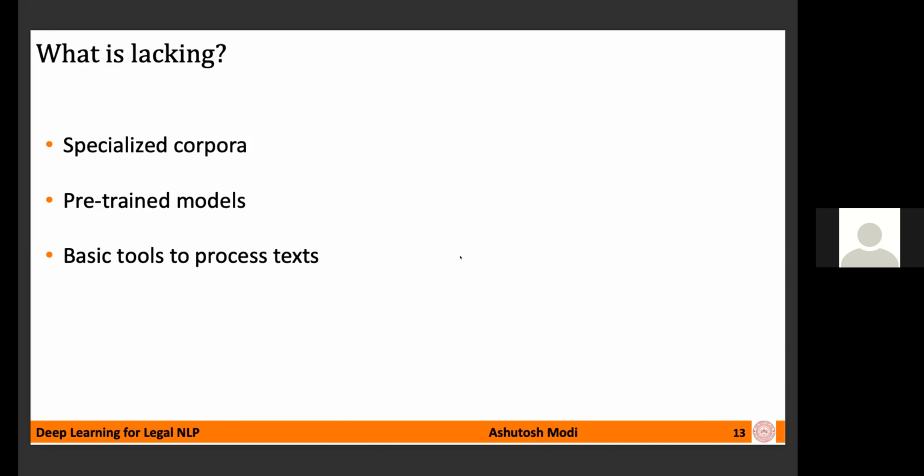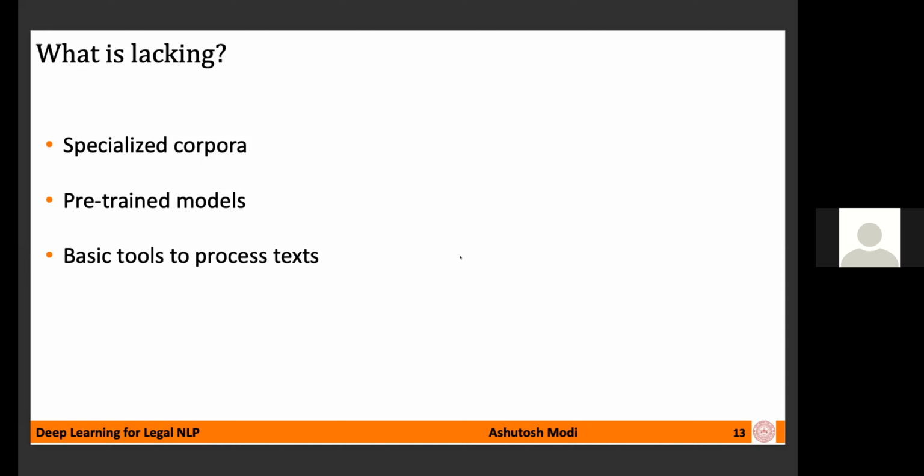So recently we have been working on developing such toolkits. However, due to time constraints, I'm not going to talk about that. Maybe I will talk about that in some future talk. As you understand, we need something which can readily process the text and help us to develop more advanced applications. Okay?